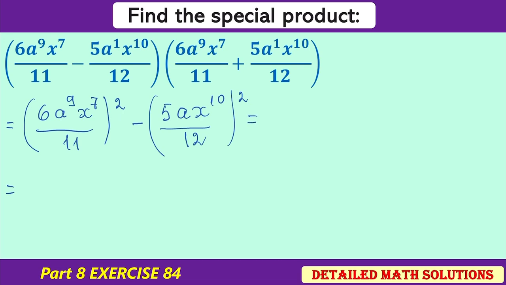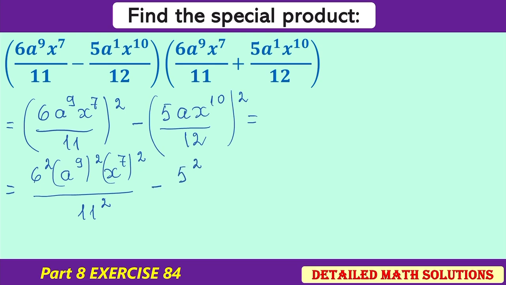When I distribute the exponent, I have 6 squared (a to the 9th power) squared (x to the 7th power) squared over 11 squared minus 5 squared a squared (x to the 10th power) squared over 12 squared.